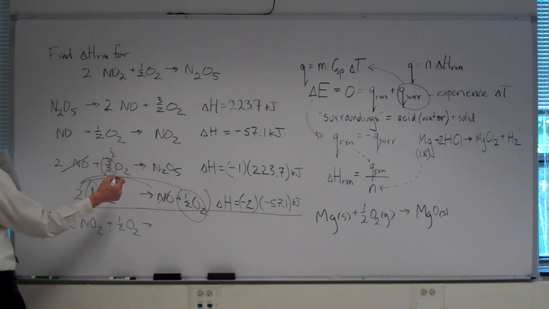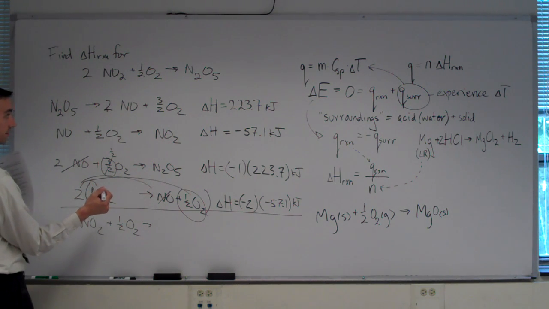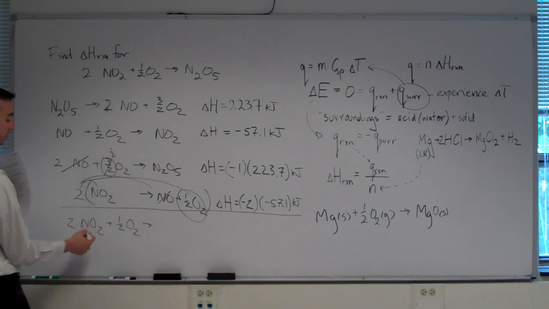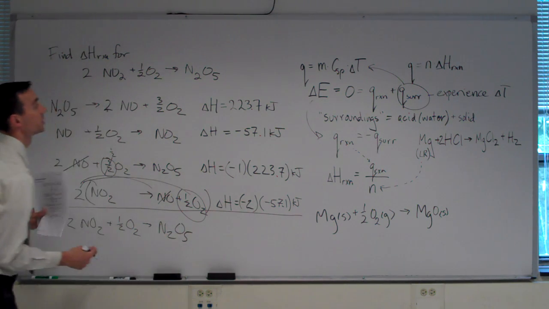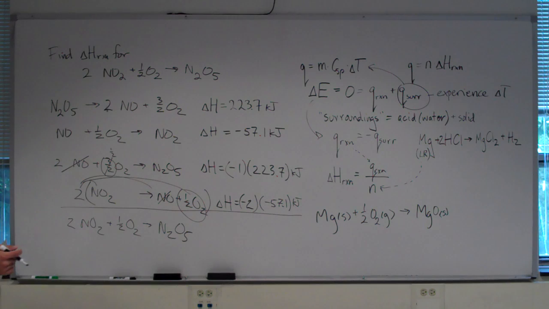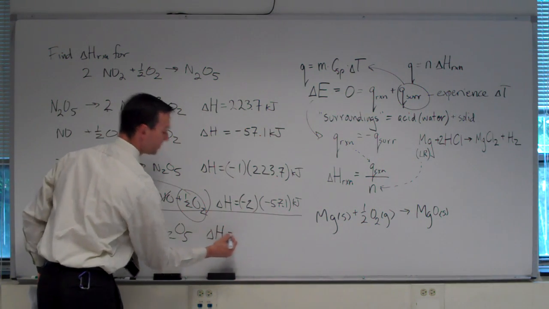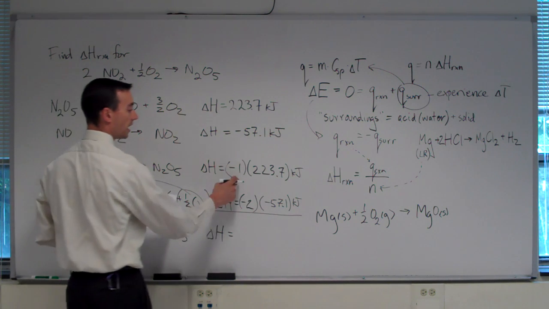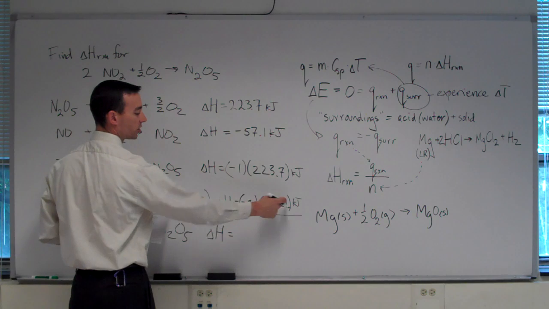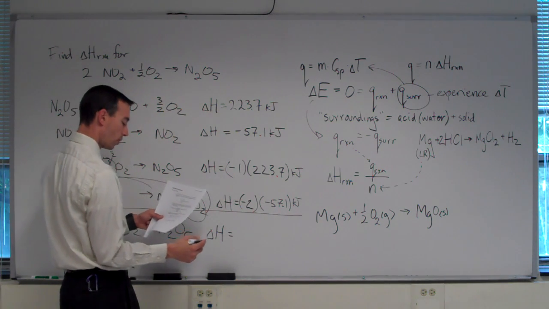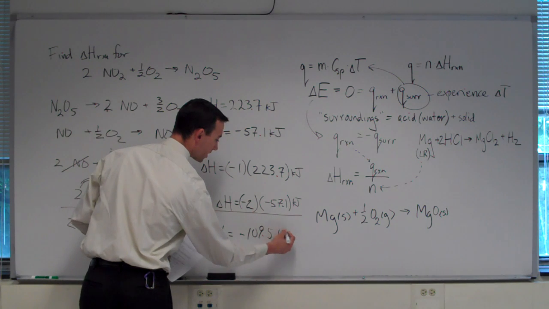And on the product side is N2O5, just like we wanted in our target reaction up here. Therefore, the delta H of this reaction is equal to -223.7 plus -2 times the negative 57.1, or -109.5 kilojoules.